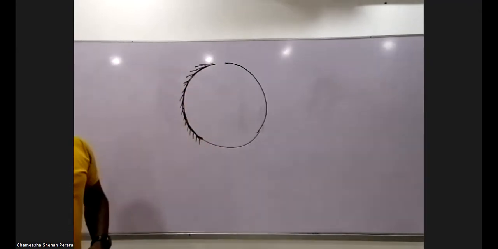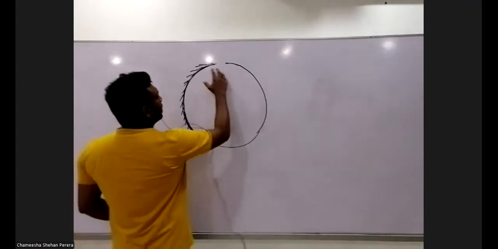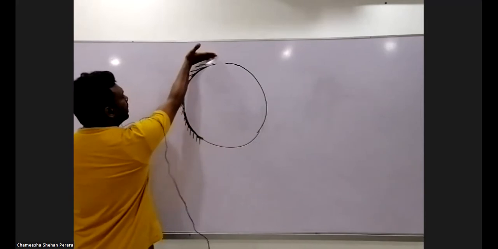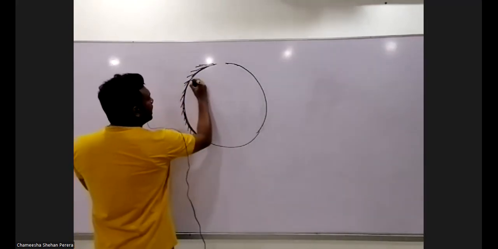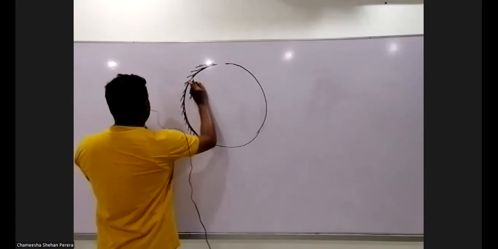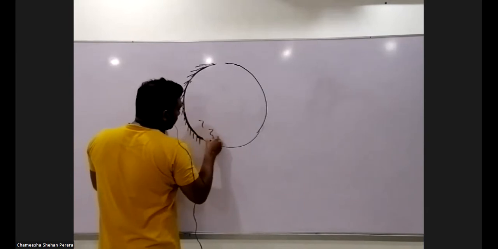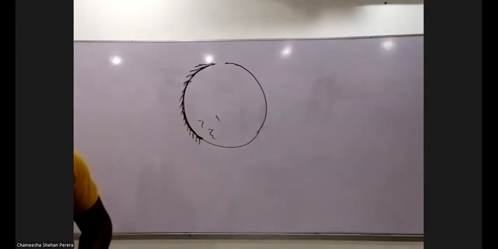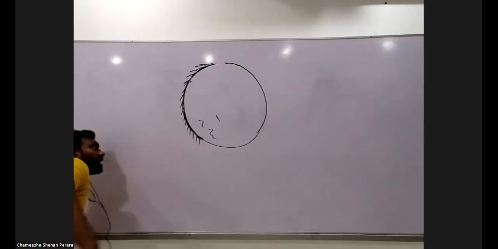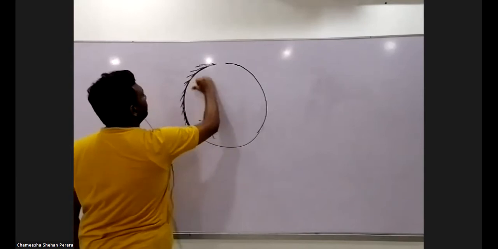So what did I do? I obtained a glass sphere, and then I cut a part of it, and then I applied mercury on this side of the concave mirror. So this side of the concave mirror becomes a smooth, shiny, and reflective surface.